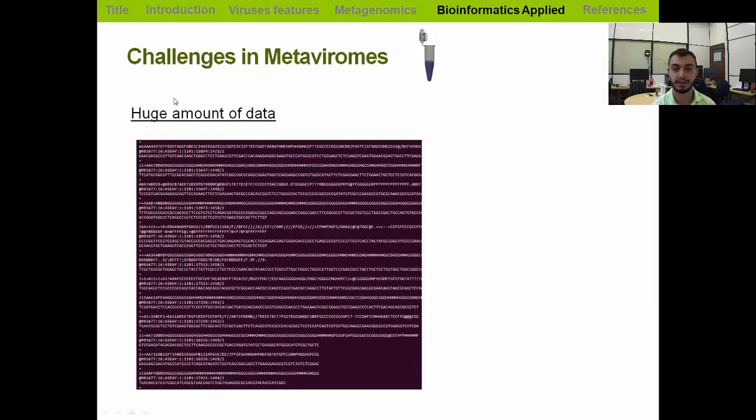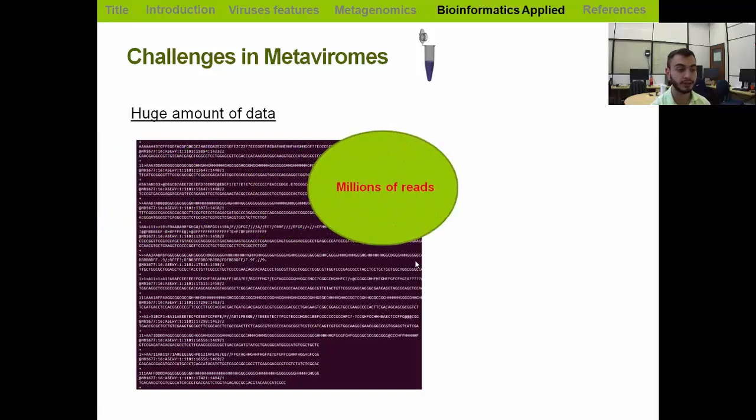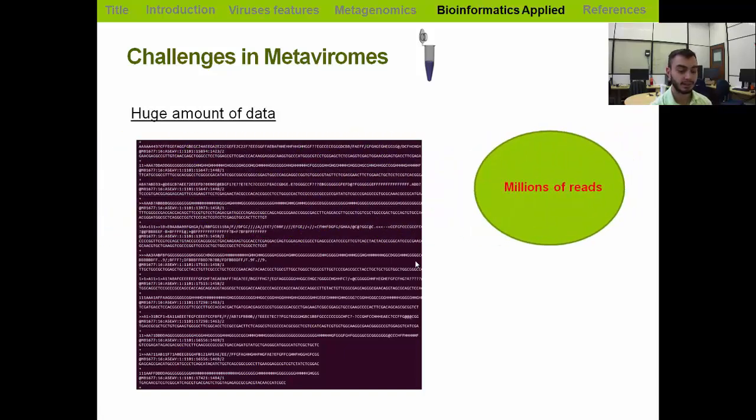With next generation sequencing you usually have millions of reads, and this huge amount of data slows the processing. It's difficult to do similarity searches, and it sometimes takes too long.